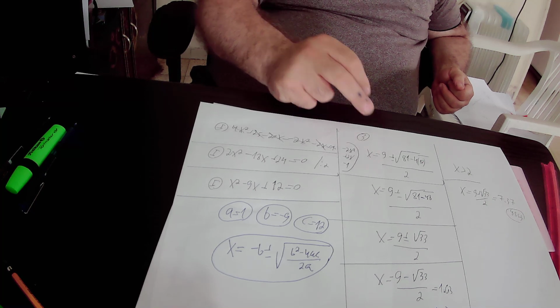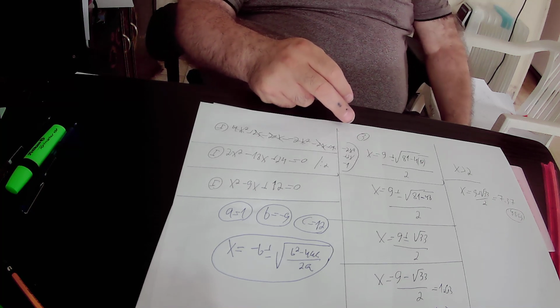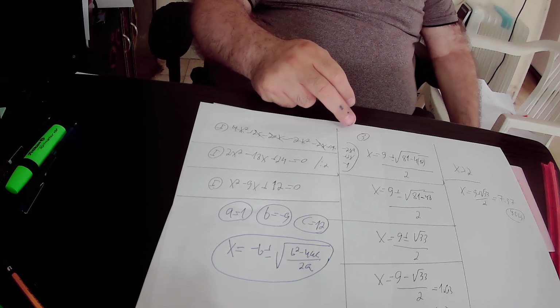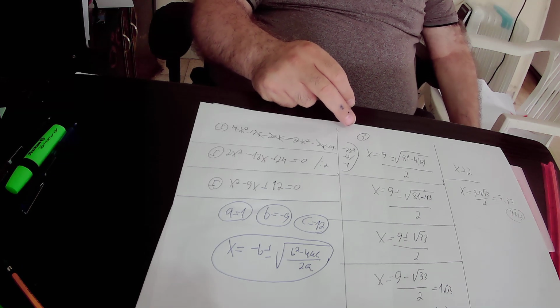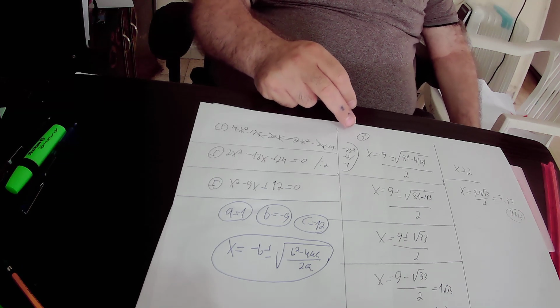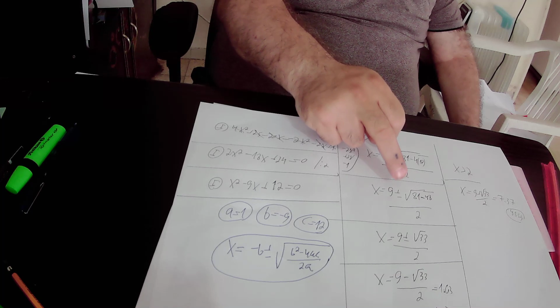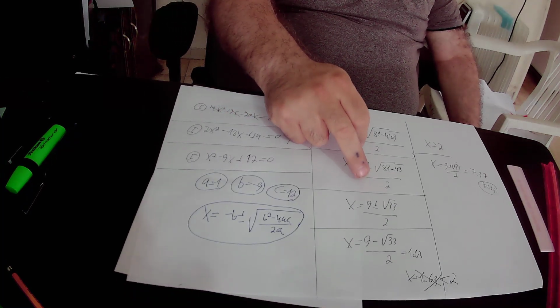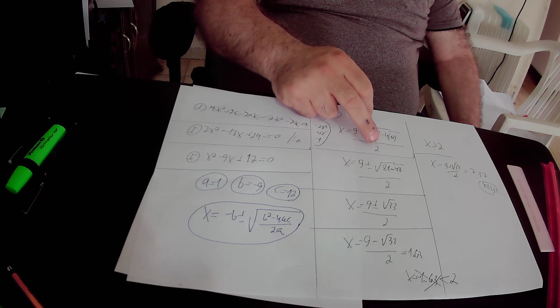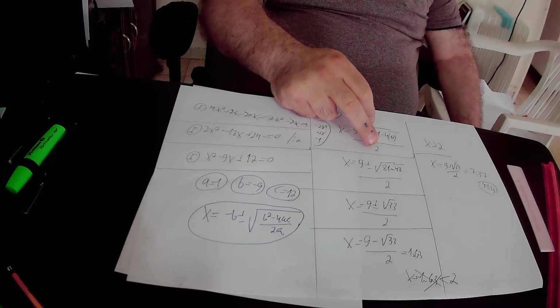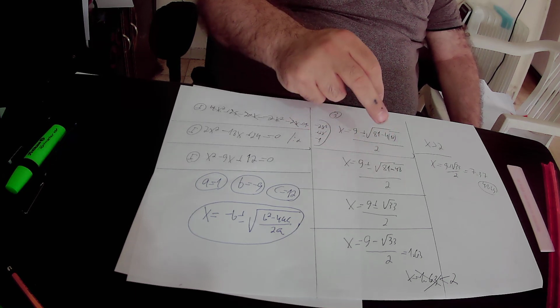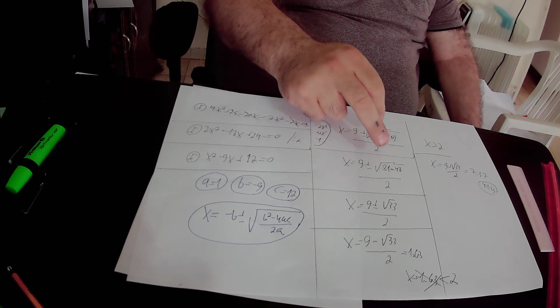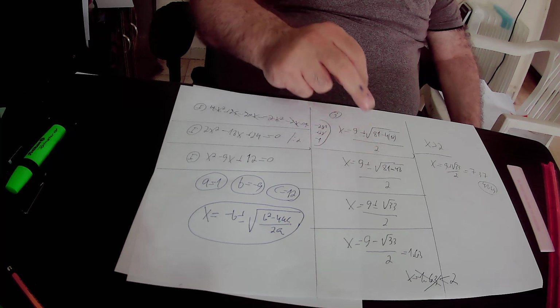So here x equals 9 plus or minus the square root of 81 minus 48, divided by 2. Inside the root, 81 minus 48 is 33, so we are left with the square root of 33, over 2.